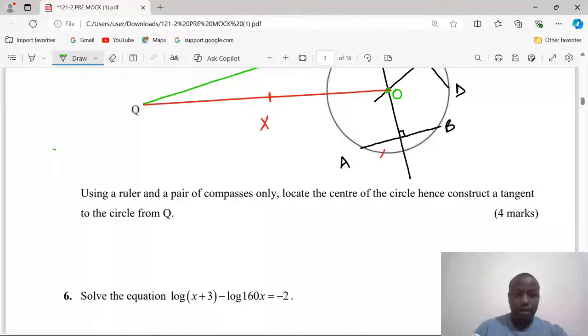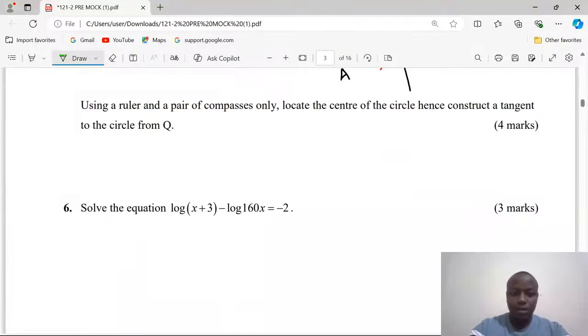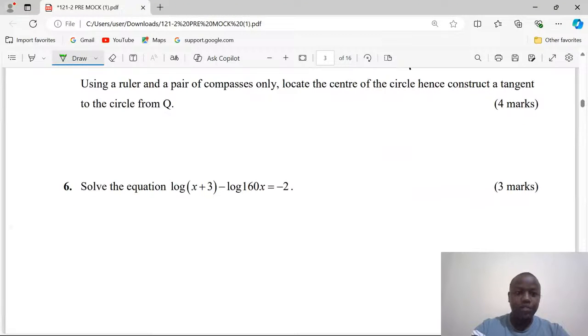We proceed to number 6. The question says, solve the equation given the logarithm of x plus 3 minus the log of 160x is equal to -2. Allow me to solve this one by first of all doing away with the negatives in the equation.